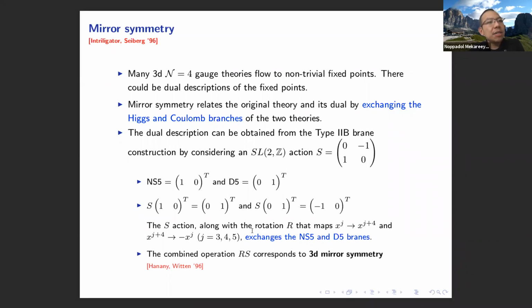So upon the S action, you can see that NS5 turns into D5, and D5 in this basis has (-1,0). If you also equip it with a rotation that rotates a certain direction of space-time, you exchange NS5 and D5, and this corresponds to mirror symmetry, the combined operation RS.